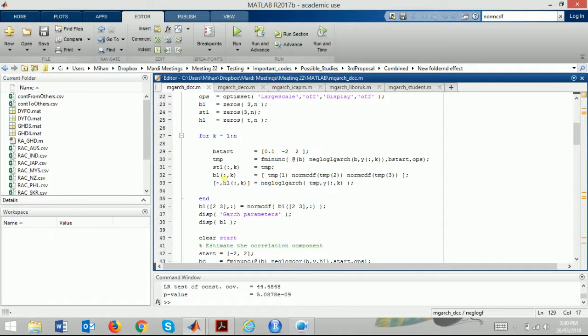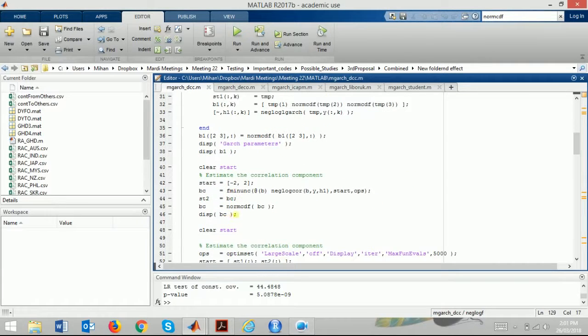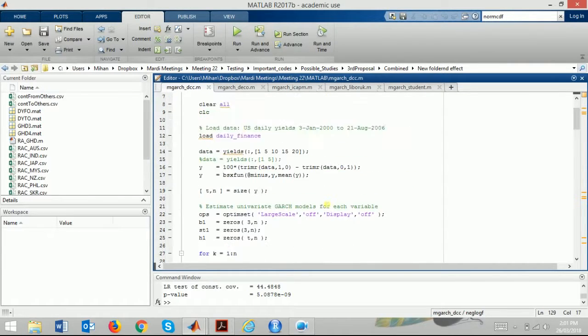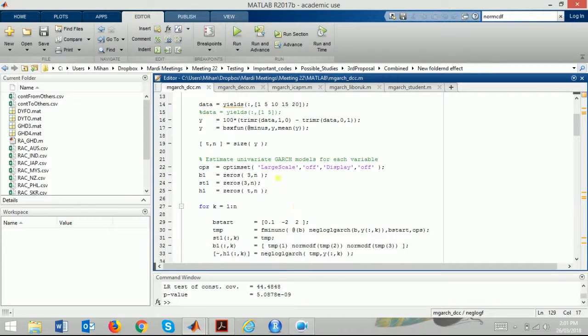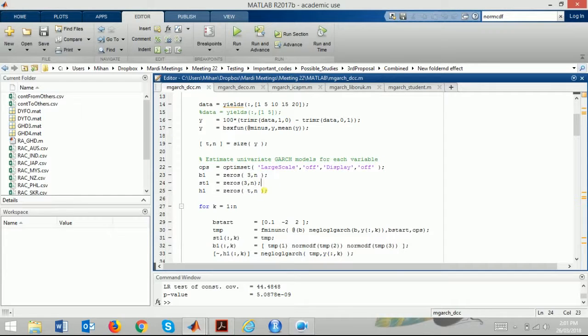Then what do we do? Optimize, run the optimization function, start, and I'm kind of lost again. Here is the function running.